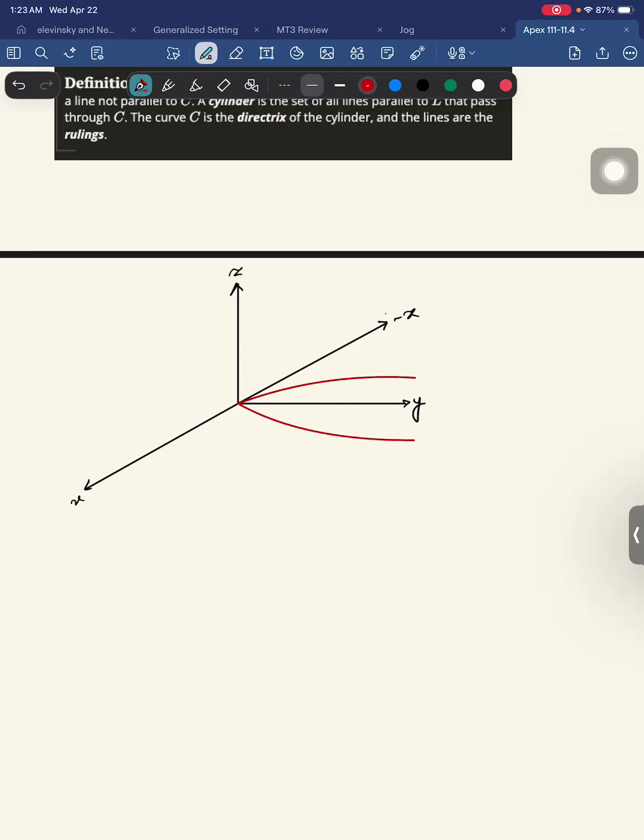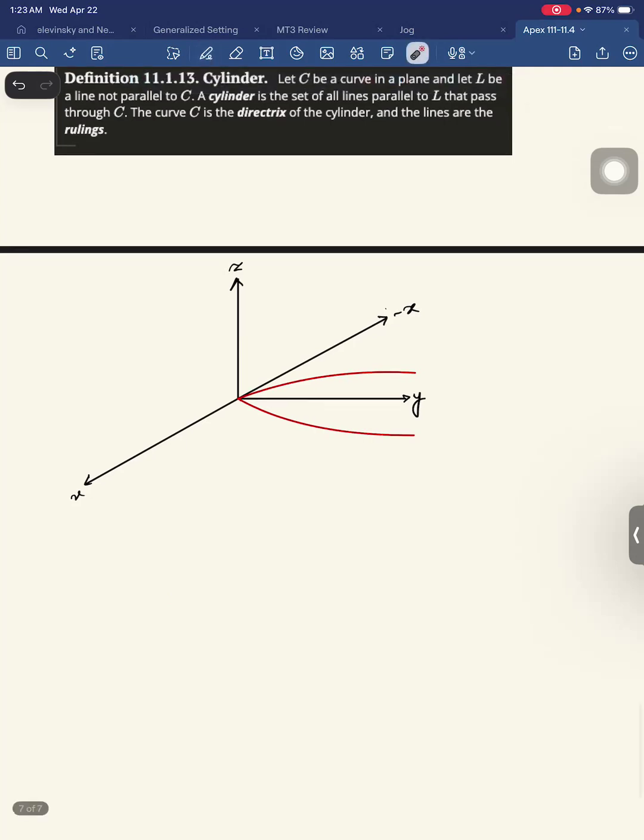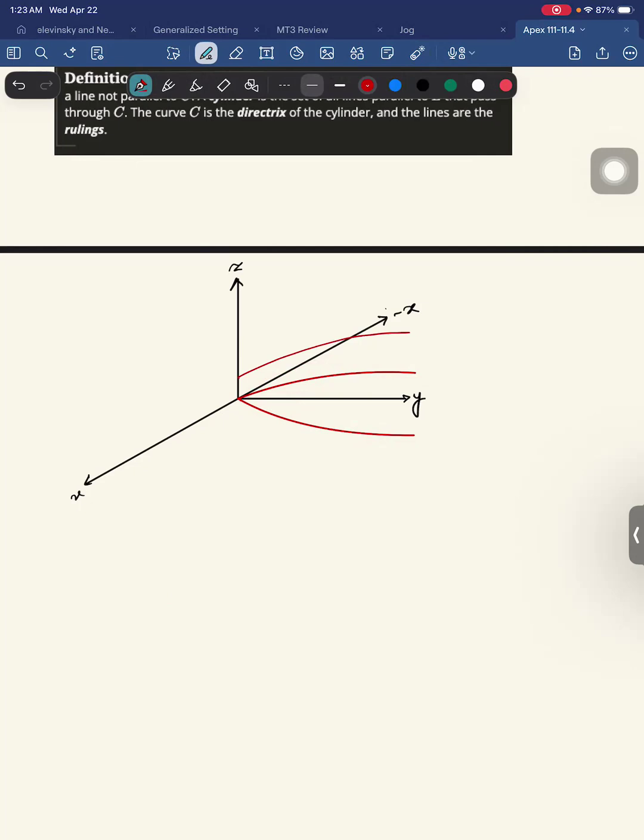Try to imagine this on your floor, starting from the origin. You can see only this part. You won't be able to see this part, which will be on the other side of the wall, not floor. Anyway, try to imagine this parabola lying on your floor, and then lift this parabola to every height.